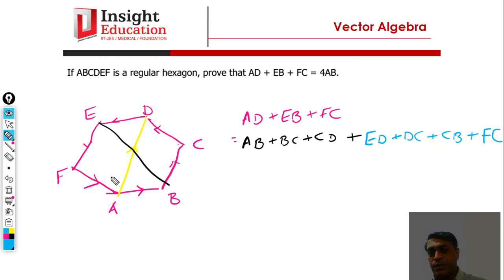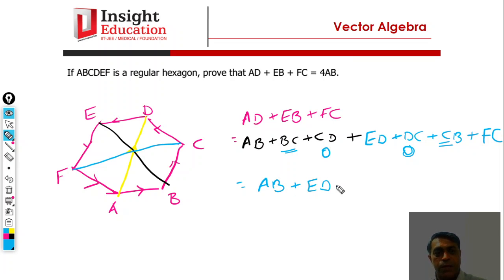So FC, for FC I can draw here. So this is FC. Now if I consider BC and CB, the sum is 0. CD and DC sum is 0. So the remaining part is AB plus ED plus FC.